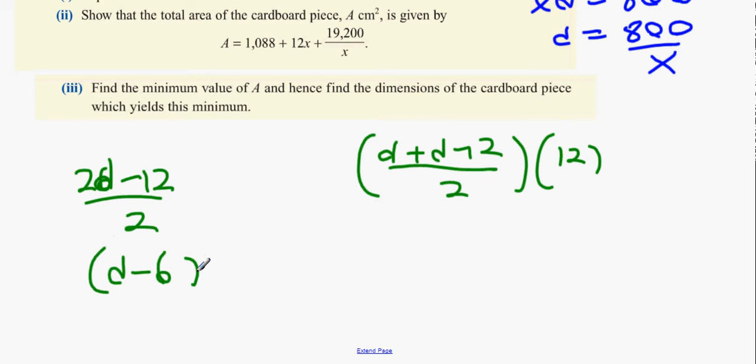This D minus 6 has to be multiplied by 12, which gives 12D minus 72.